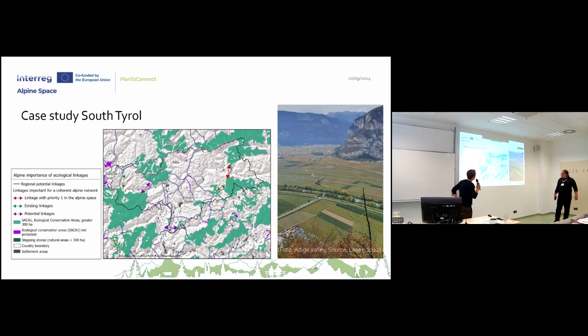As I already said, for each linkage you should do an additional study to prove the functionality. We did it a little bit with this overlapping of the national concepts. This is just a landscape probability model. But this is also coming out in several other studies. It is well known that such a valley with such big human infrastructure and intensive agriculture is a barrier for many species.